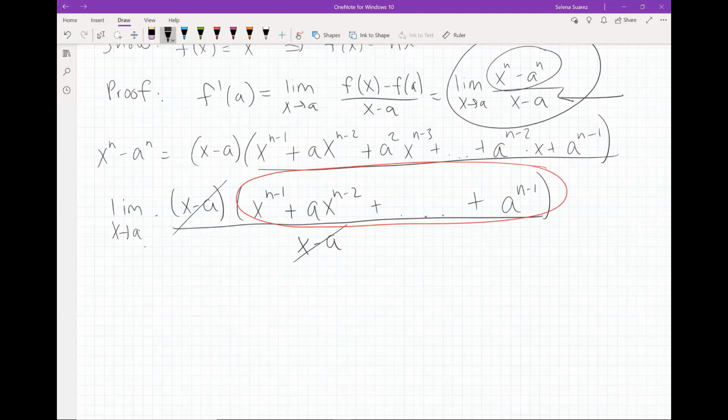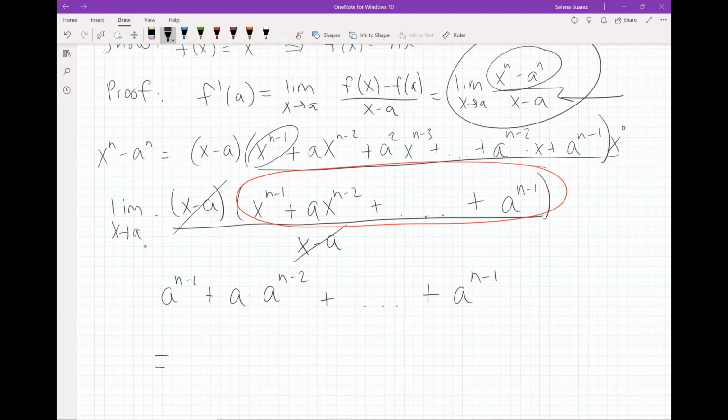So if we just plug in a for x, then we're going to get a to the n minus 1 plus a times a to the n minus 2 plus dot dot dot plus a to the n minus 1. Okay. And then from here, we know we have n terms because it starts at x to the n minus 1 and it ends with x to the 0 power over here.